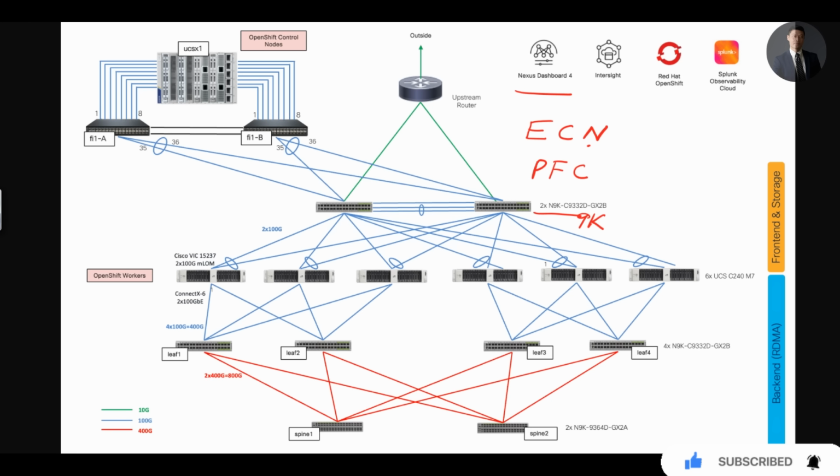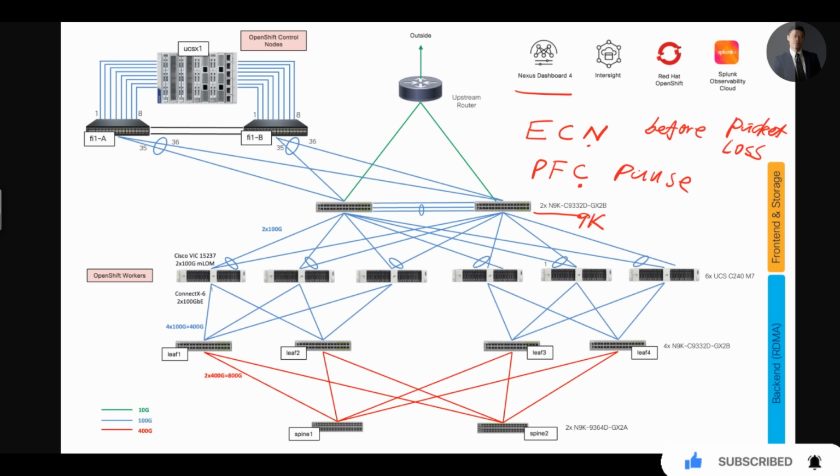The ECN reacts first by signaling the congestion before the packet loss or packet drop happens. The PFC acts as a fail-safe, pausing traffic if congestion happens.